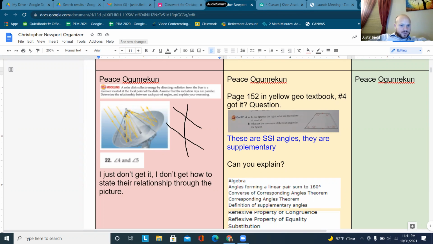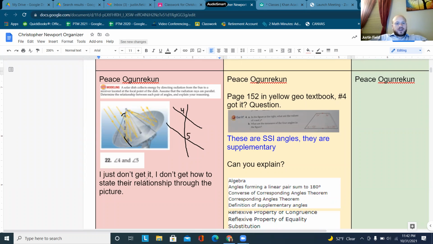And then where is 4? 4 is right here. You see that? It's in between the transversal and the line, right? Then 5 is down on the other side, but above this line, right? So 5 is right here.